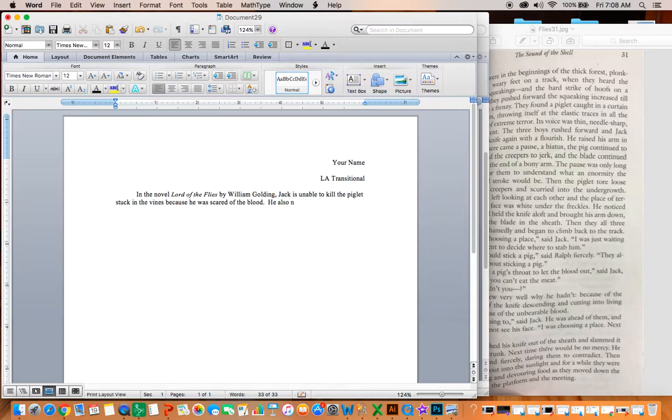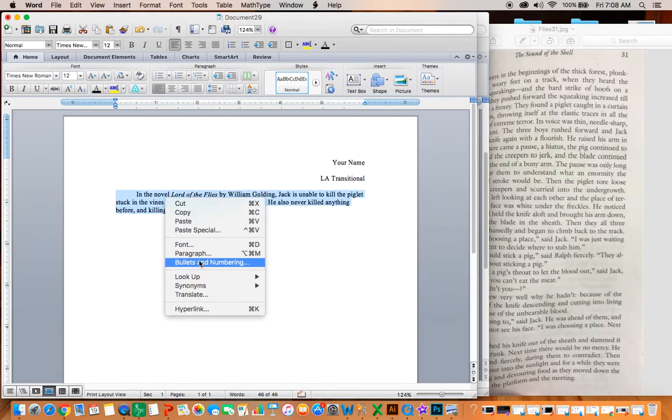He also never killed anything before, and killing an animal is a big deal. And that's not the only right answer, but that could be a right answer.